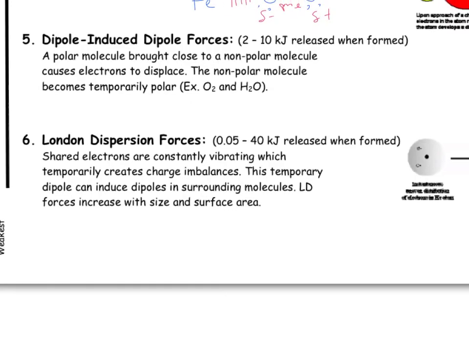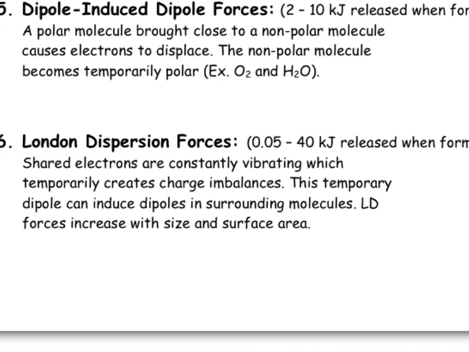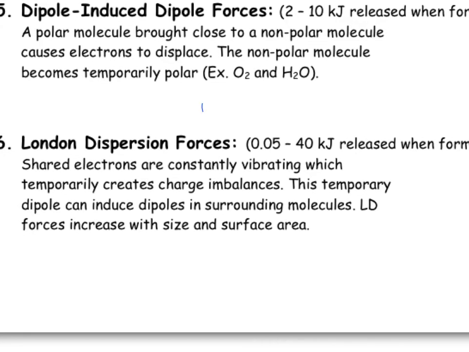An example of this is why oxygen dissolves in water. Remember, oxygen is a nonpolar compound, but it has to dissolve in water. If it didn't, then fish wouldn't be able to breathe.